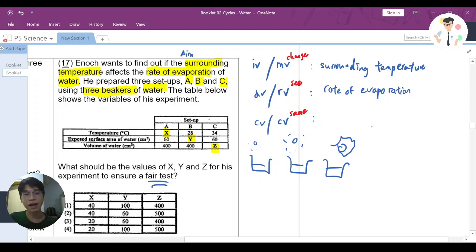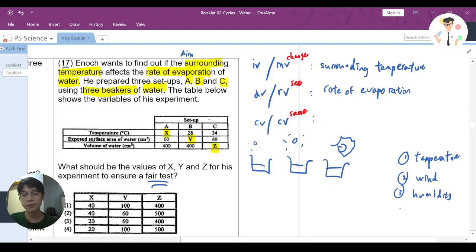And that comes with the 4 factors that affect the rate of evaporation. Do you still remember that? We actually discussed 4 things here. The first one is the temperature effect. But temperature is what we need to change. Second is the strength of the presence of the wind. Third is the humidity.